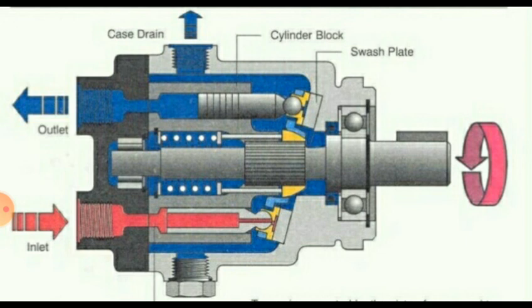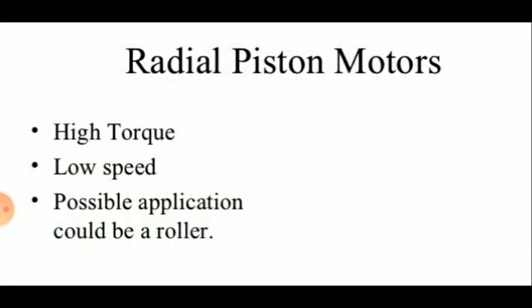When the liquid is forced into the cylinder bore containing piston 1, the piston moves outward since the liquid cannot be compressed. This causes the cylinder to rotate in a clockwise direction. As the force acting on piston 1 causes the cylinder block to rotate, piston 2 starts to rotate and approach the position of piston 3.